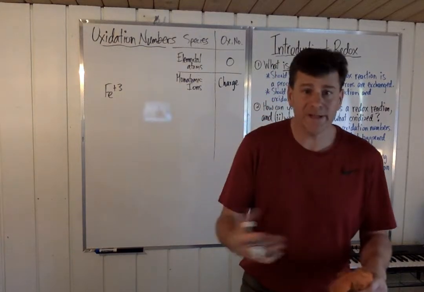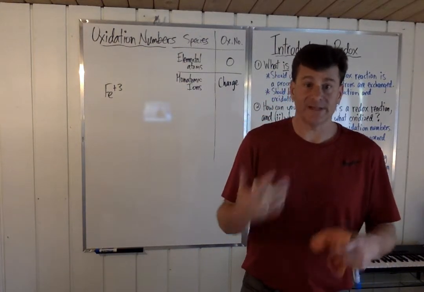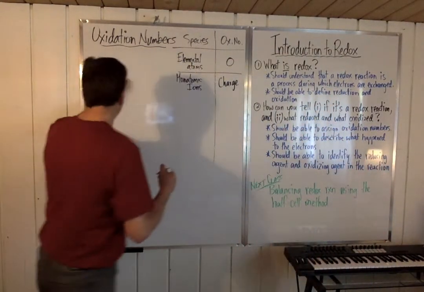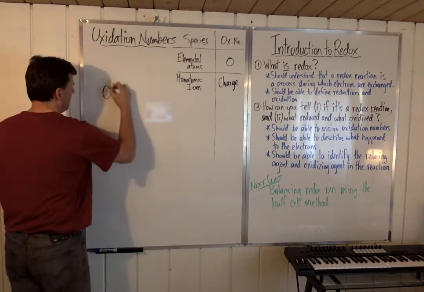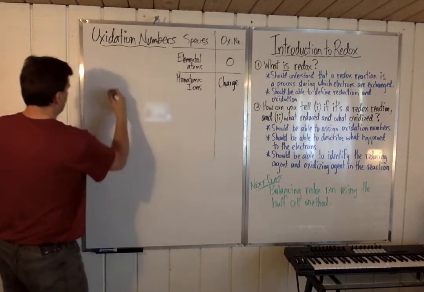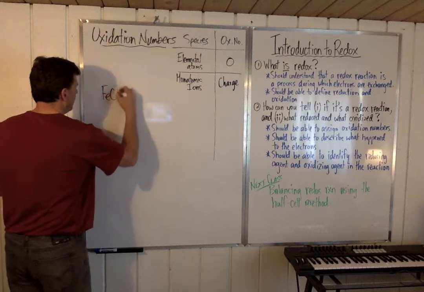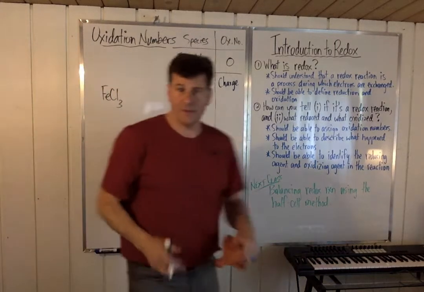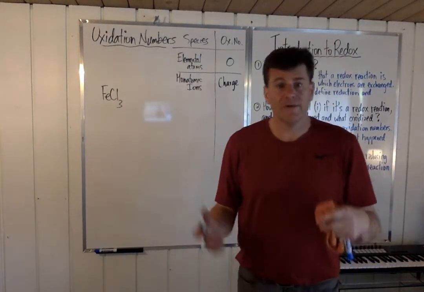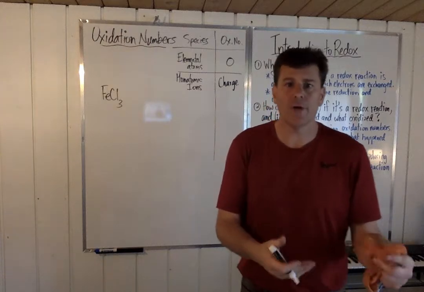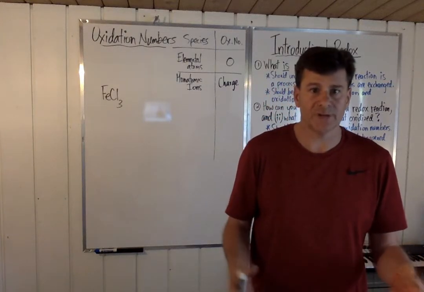It can be complicated by having it in an ionic compound. So instead of Fe+3, let's say I have FeCl3, an ionic compound. Well, that ionic compound is really the combination of a couple of monatomic ions.